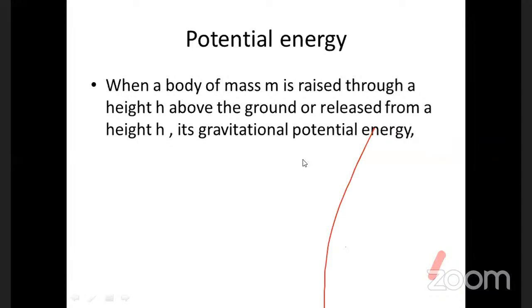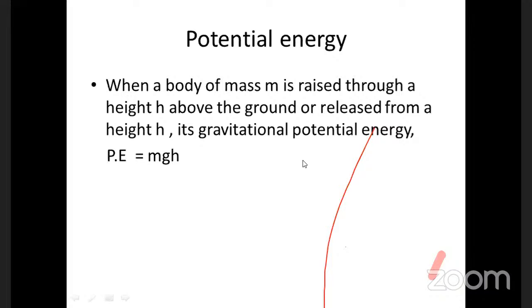We can calculate this energy when we know the body's mass, and the height to which it is being raised from the ground, or it is being lowered or released to.